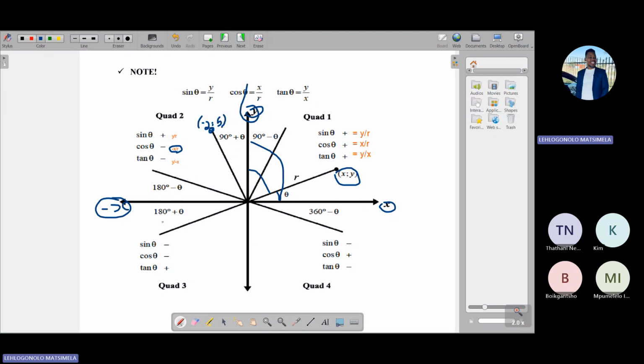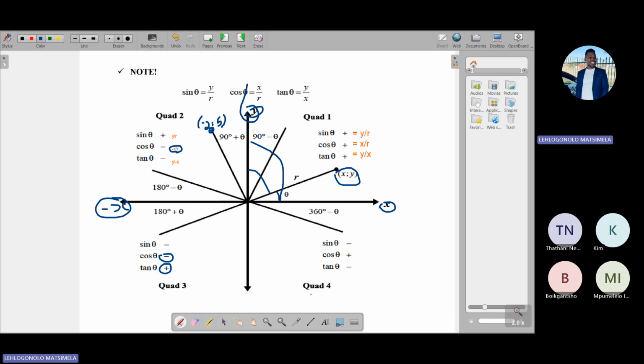Then we go to the third quadrant. In the third quadrant, sine is negative, y over r is negative, and cos is negative, negative x over r. Then we go to the tan. The tan is a positive number. Why is tan positive on this section?